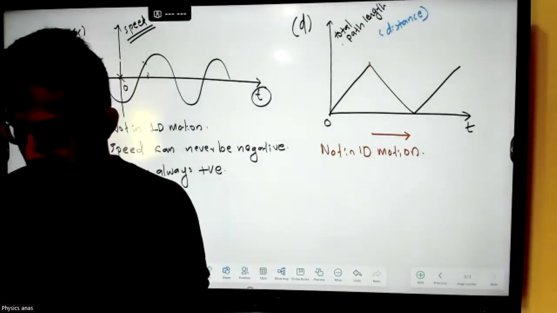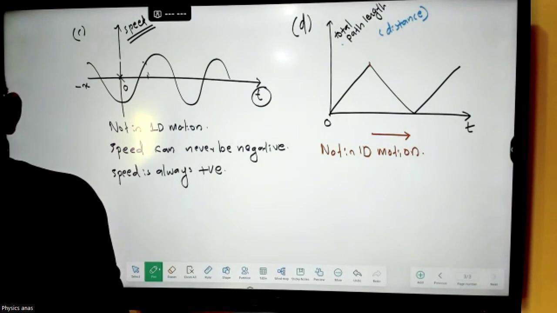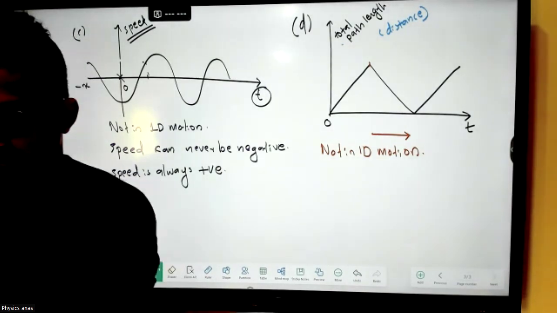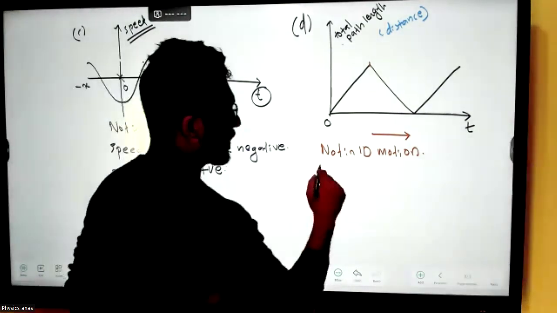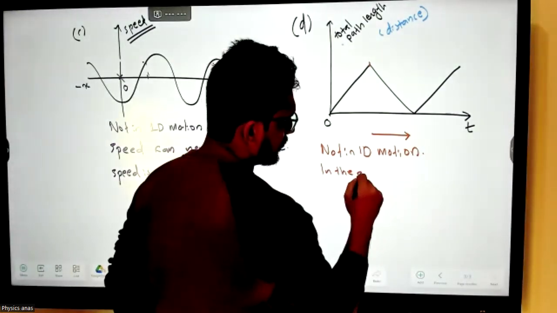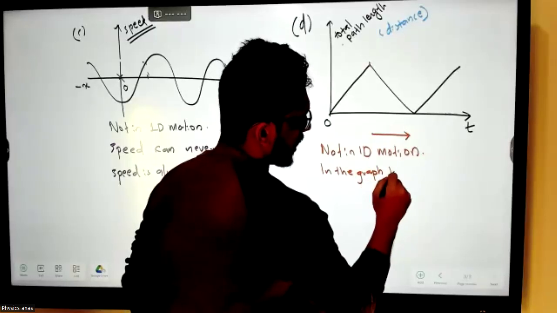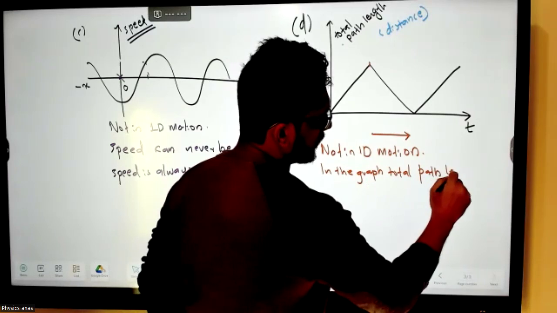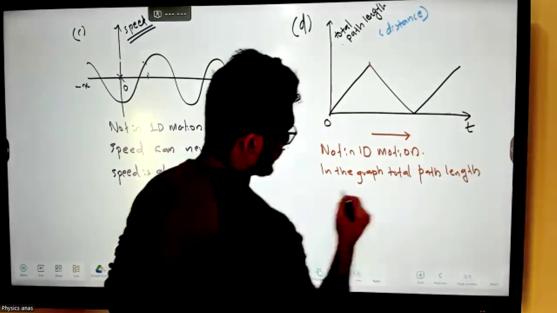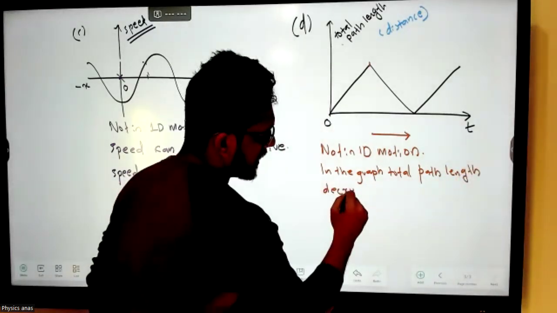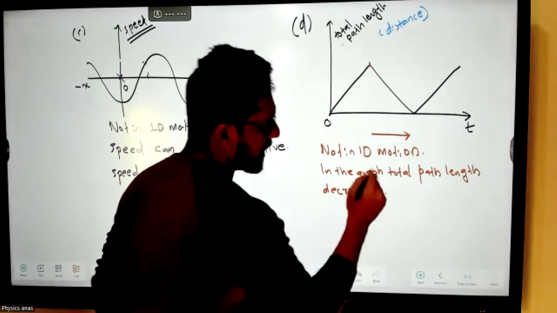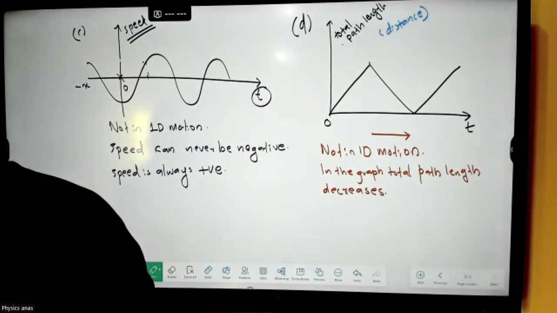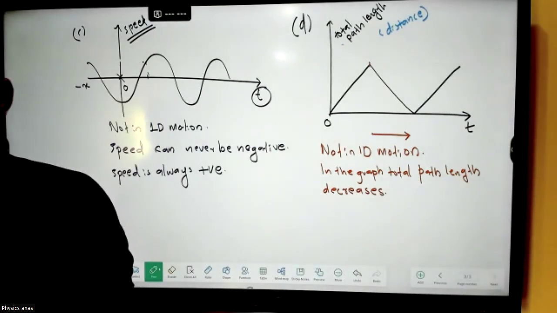What is the reason? Yeah, you can write the reason. In the graph, total path length decreases. Okay?